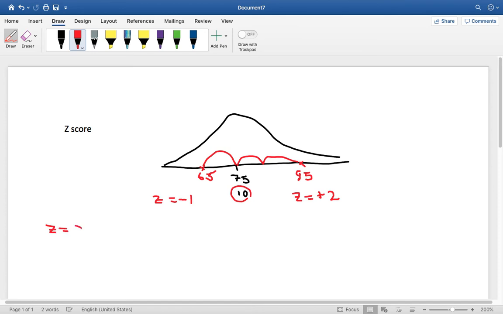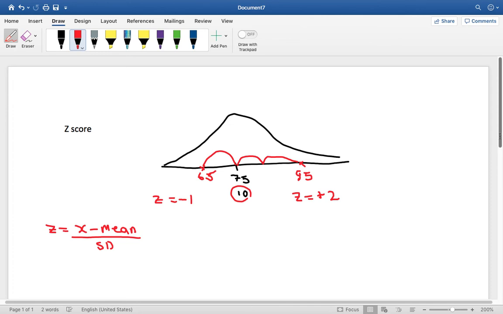It's x, which is the student's score, minus the mean, divided by the standard deviation. I'll just put ST for standard deviation. In this case, the mean is 75 and the standard deviation is 10. So for this student, what is the z-score?